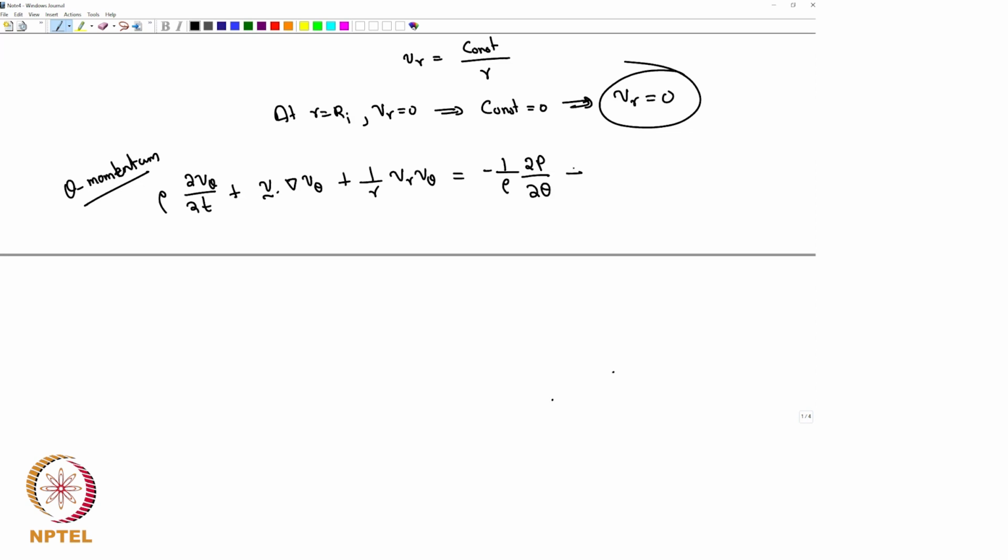Then you have the pressure gradient term, which is minus 1 by rho dou p by dou theta, plus the viscous term, which is mu, the dynamic viscosity, times del square V theta minus V theta by r square plus 2 by r square dou V r by dou theta. So, that is the theta momentum equation.